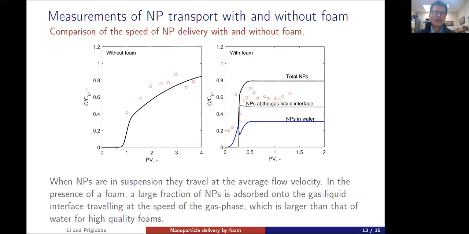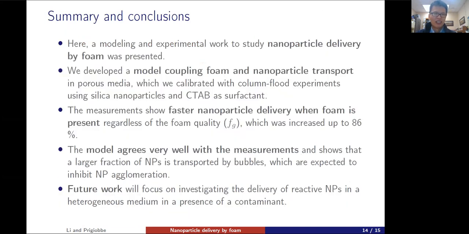Then this leads me to the conclusion of this talk. Here, a modeling and experimental work to study nanoparticle delivery by foam was presented. And we developed a model coupling foam transport and nanoparticle transport in porous media.